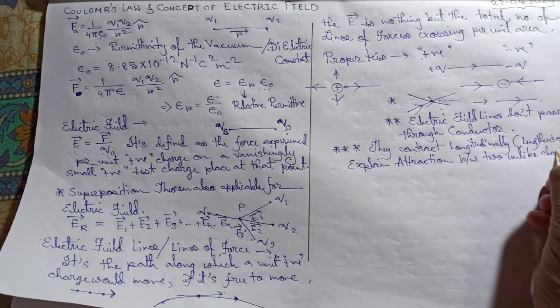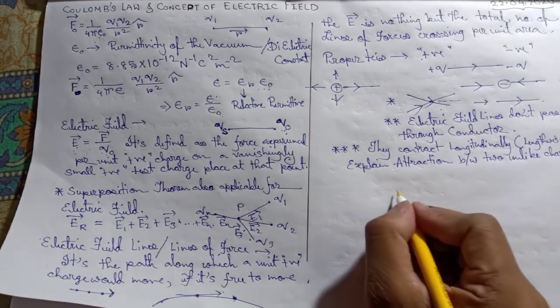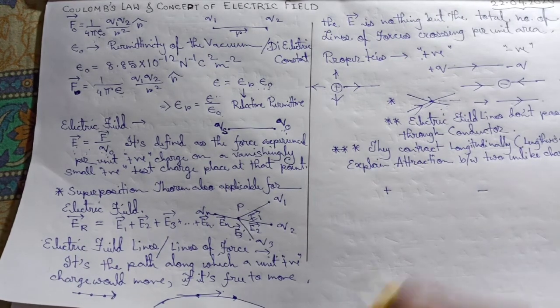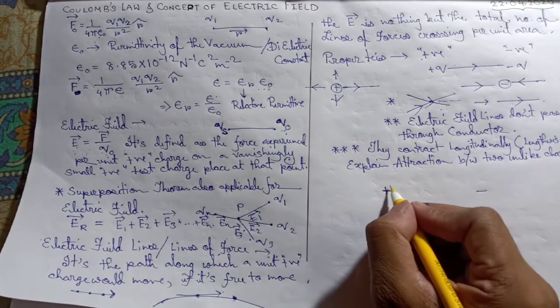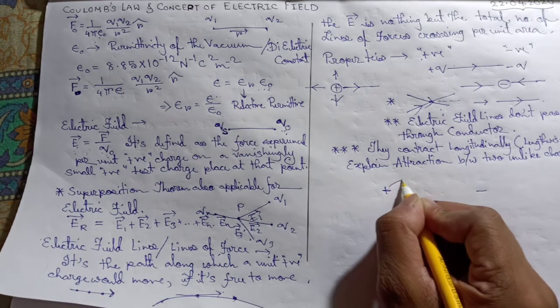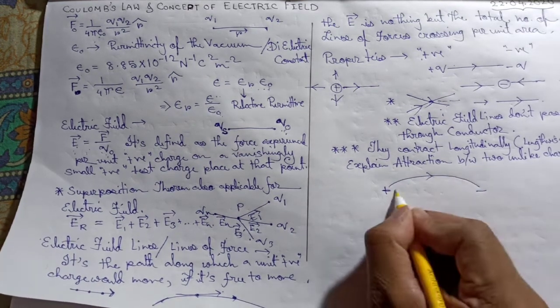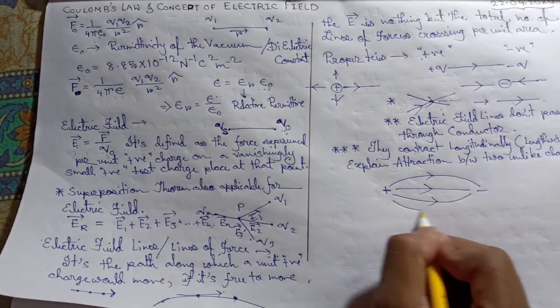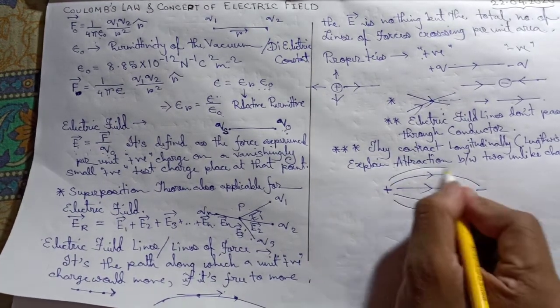How? Suppose two unlike charges, plus and minus. We know electric field lines come from the positive end and terminate at the negative end. So the electric field lines will be like that.